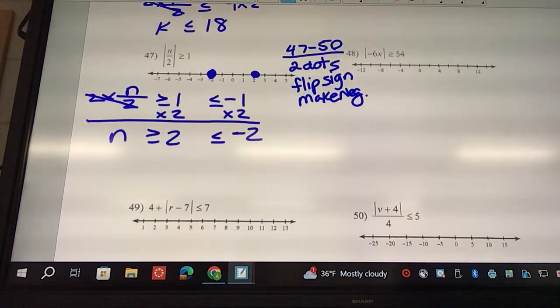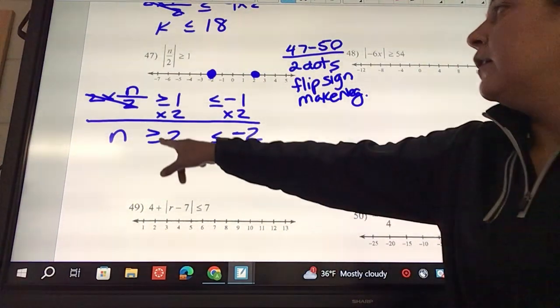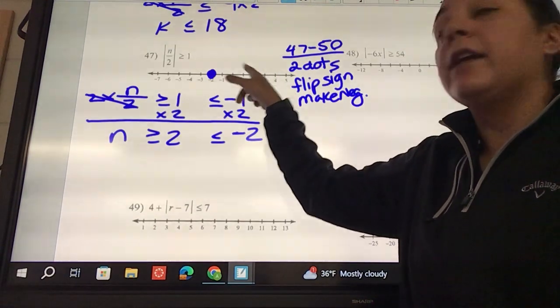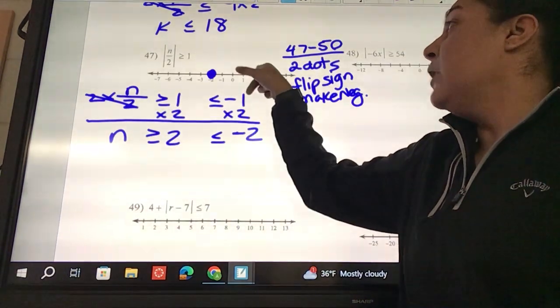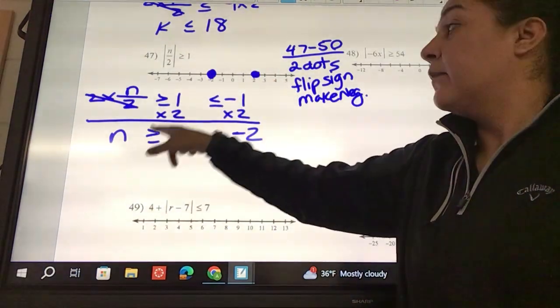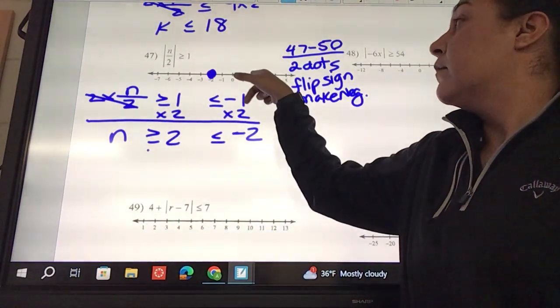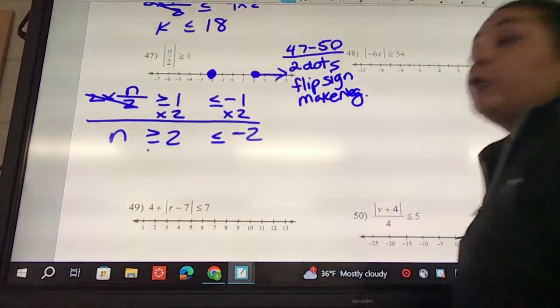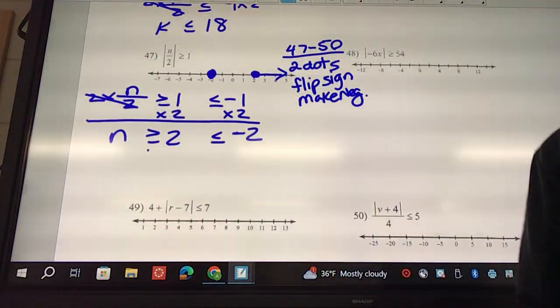Okay, now, which one should we read? The positive one. So the positive one, again, we're looking at this dot. If you don't know how to read them, it's okay, but still, just do this dot. Which way is this arrow going? To the right. Now, if this one is going out, which way is the other one going? Out.